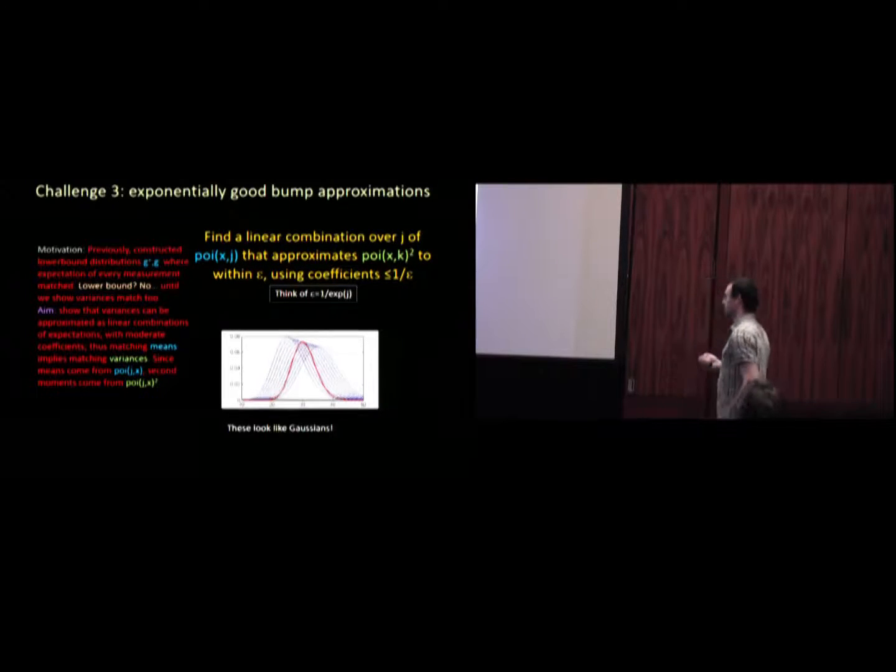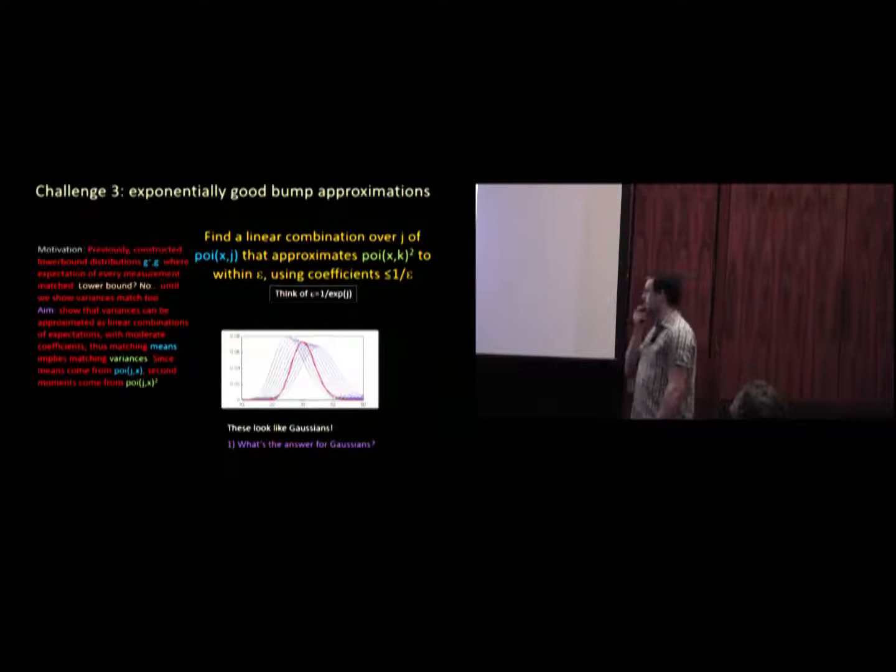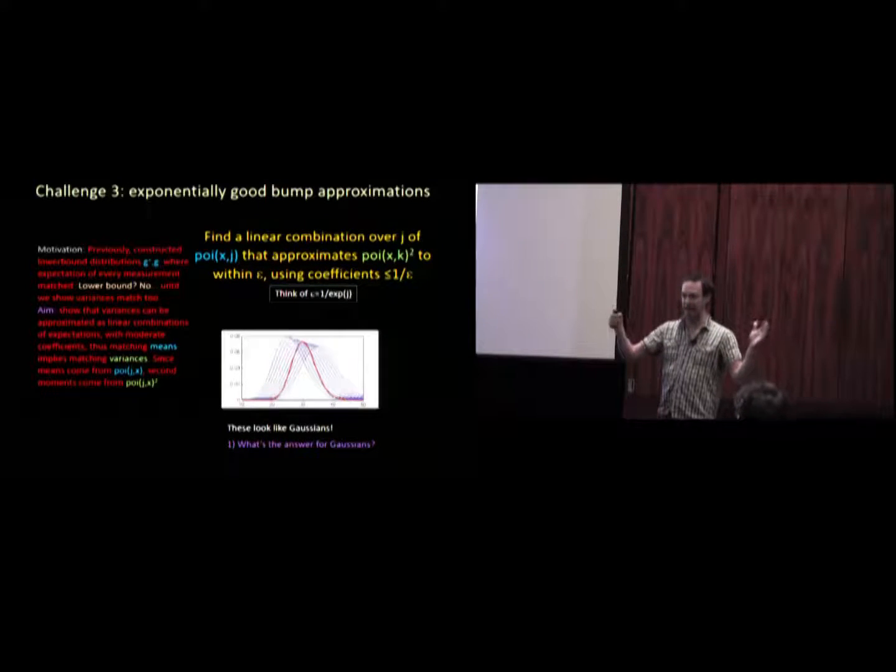Okay, so observations. These bumps look like Gaussians. So two things to keep in mind. First of all, what is the answer to this question for Gaussians? How big of coefficients do you need to approximate a Gaussian of 1 over √2 of the width in terms of fatter Gaussians to within accuracy epsilon?